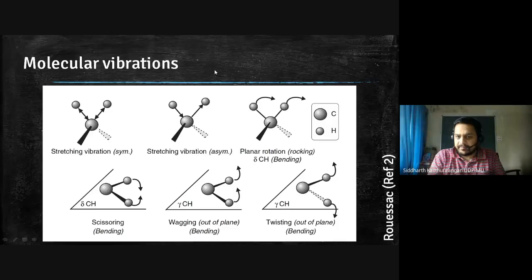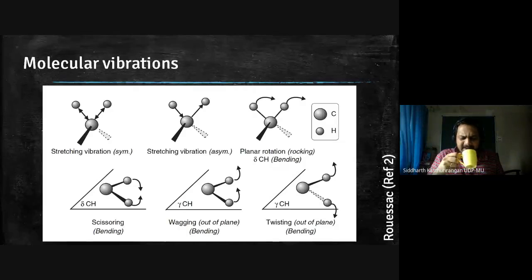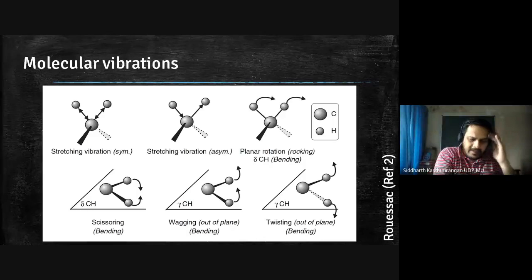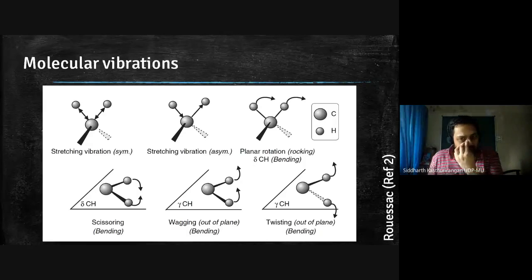associated with them. Okay. And you can already imagine that if I want to predict all of these using proper quantum mechanics, it is a very, very cumbersome, difficult, and nearly impossible task. Quantum mechanics finds it difficult to treat things like a lithium atom. Molecules are one step more difficult, and molecular vibrations are extremely difficult.